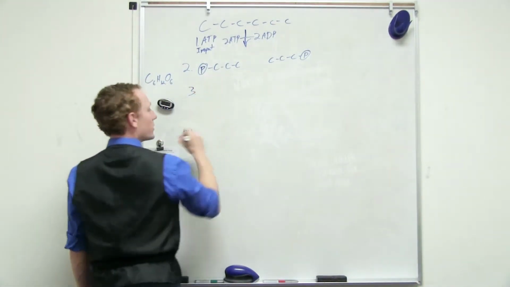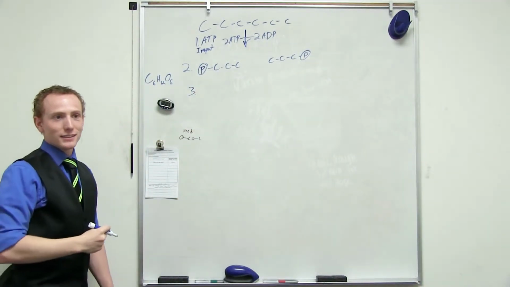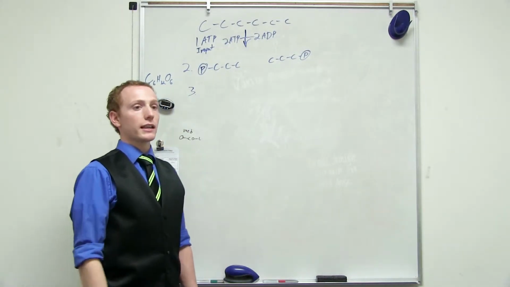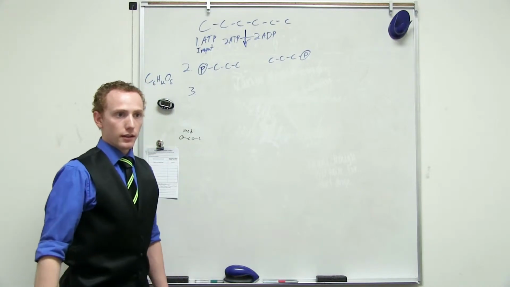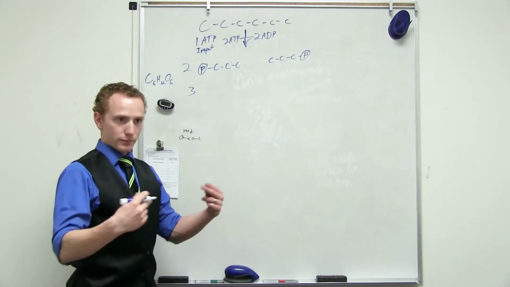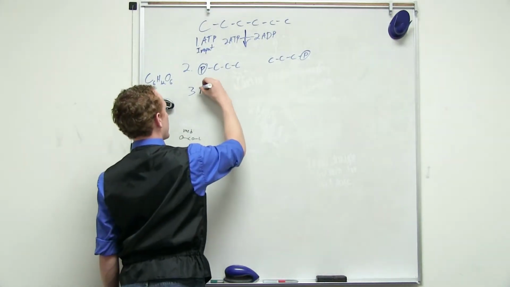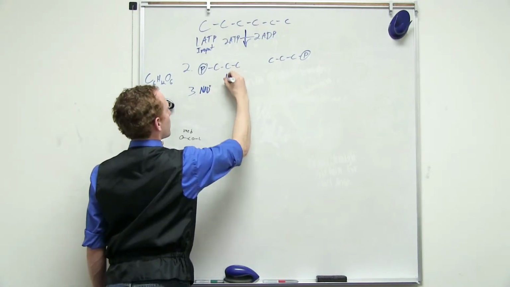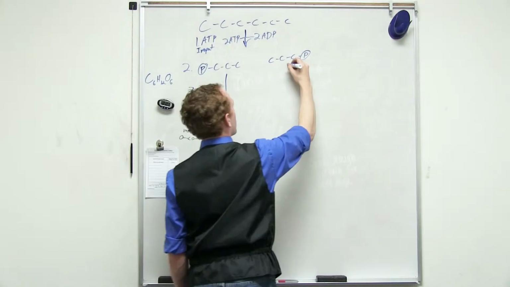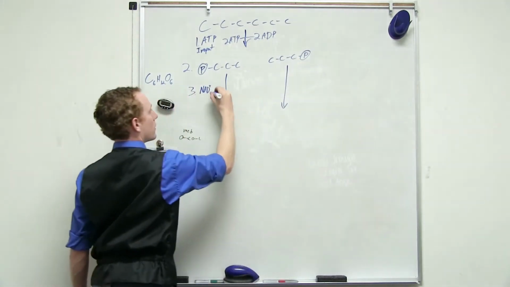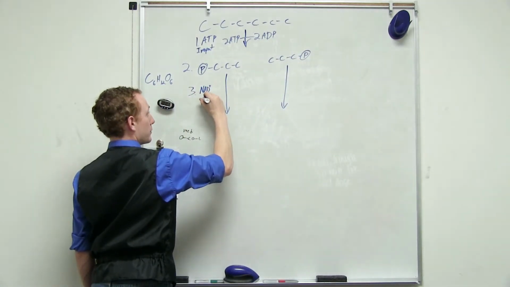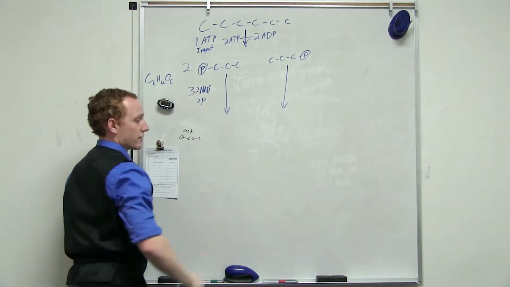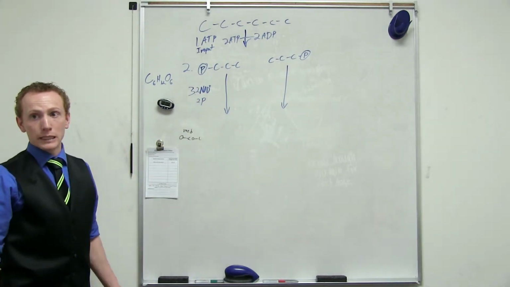What is step 3? NADH production. That means we're going to be putting in NAD, so we're going to put in NAD+. There are 2 NAD pluses, and at the same time, 2 phosphate ions are coming in.